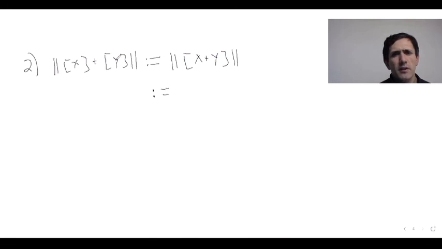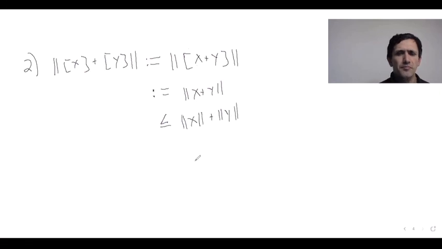We know how to add 2 classes up. We know by definition what this is. This is just the norm of x plus y. I mean, this is a seminorm, but like I said, I'll still call it a norm. Now I use the triangle inequality. And by definition, this is the norm of this class here plus the norm of the class generated by y.